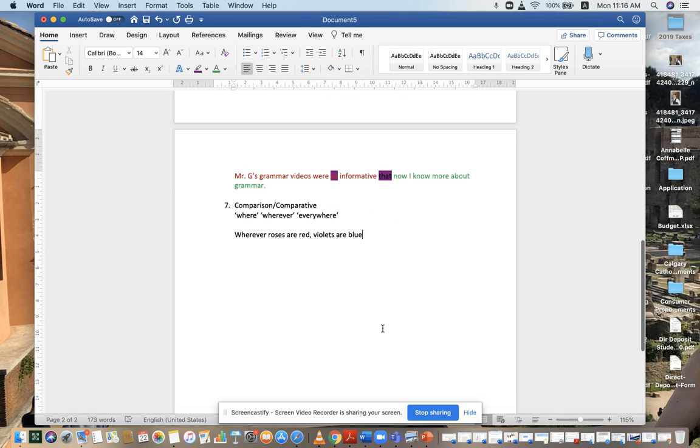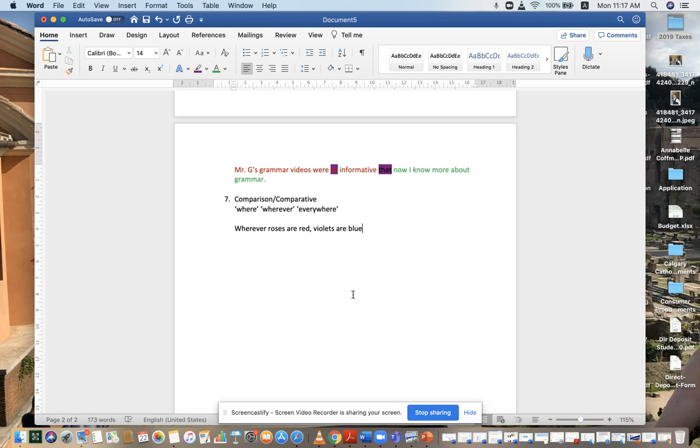Both ideas are independent here, because both violets are blue and roses are red. But what really compares them is this use of wherever. So it's very close to the locative, but not quite, because in this case you're comparing or contrasting one section to another, versus in the locative, where you're really indicating where something is. All right.